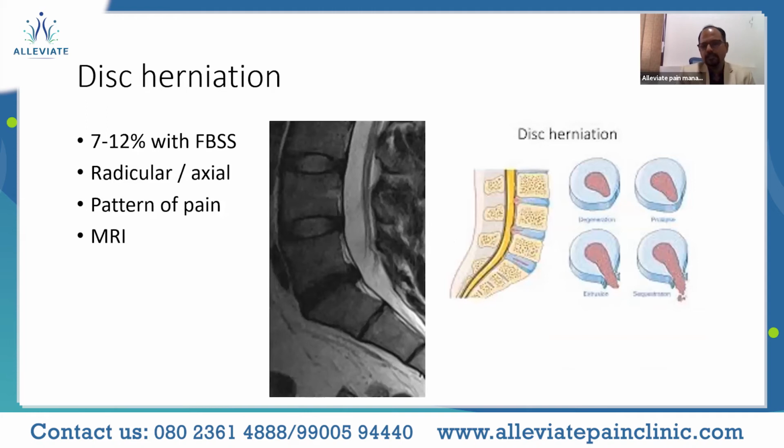Disc herniation is the commonest diagnosis for back pain and radicular pain, for which most of the surgeries are performed. But as we saw, if they have other concurrent conditions which you just saw in the previous slides, that would come into the category of failed back surgery syndrome. That doesn't mean the surgery is a failure.